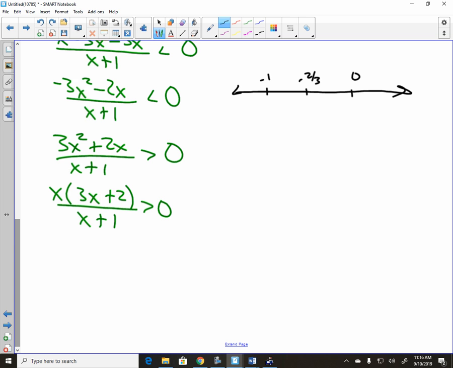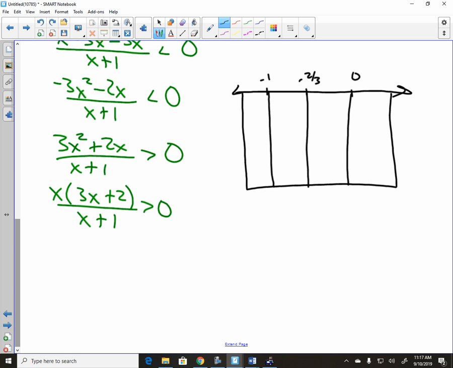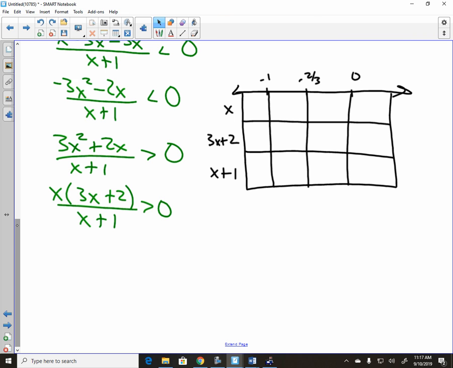Four columns. Three rows. Choose a number less than negative 1. What would you like?